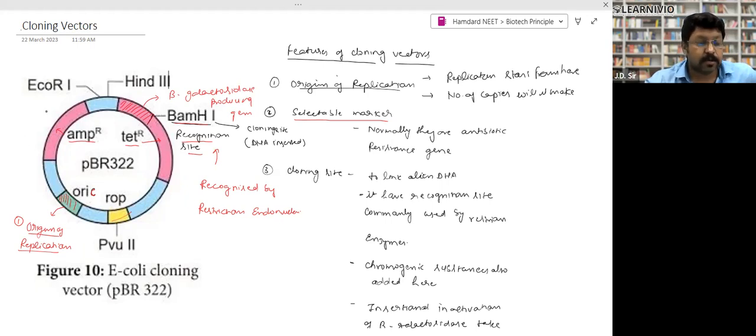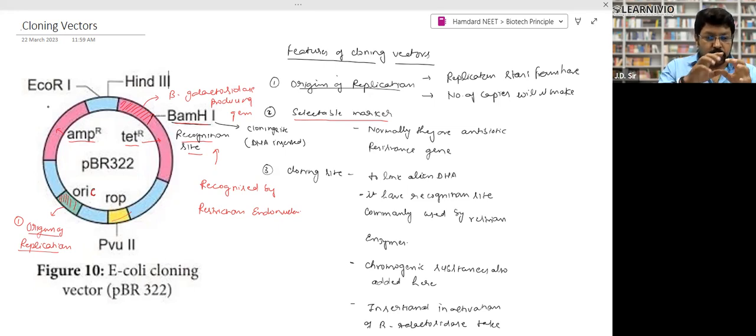Can you explain this one again? Yeah, sure. Look, suppose I have a simple plasmid, and I have inserted an insulin gene in that plasmid. Along with the insulin gene, I have also inserted a tetracycline gene, right?